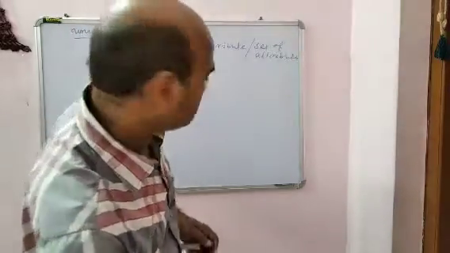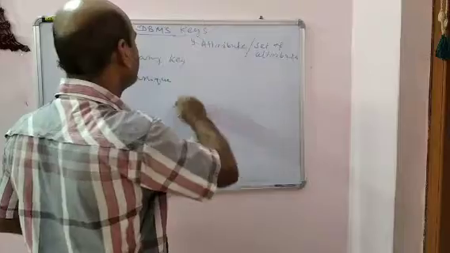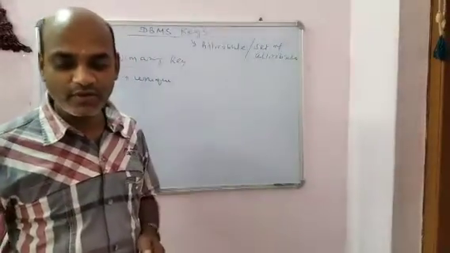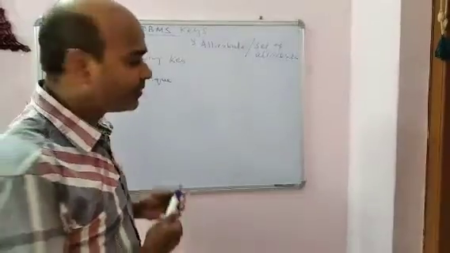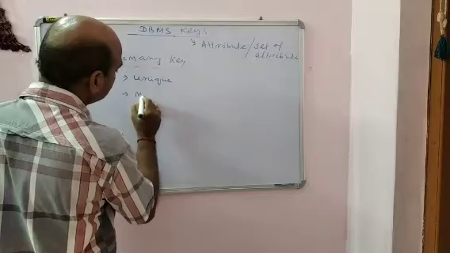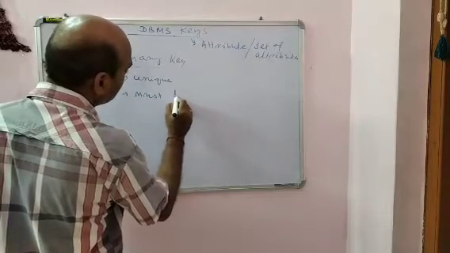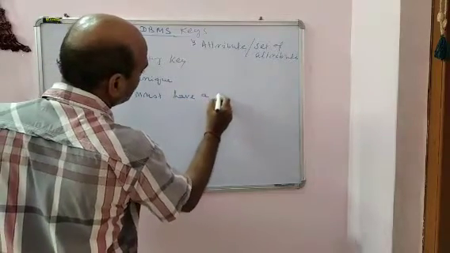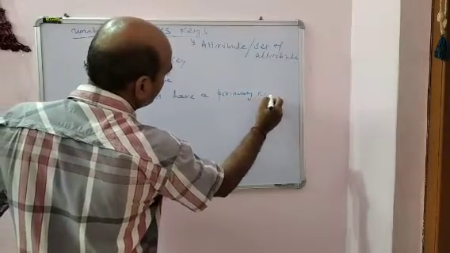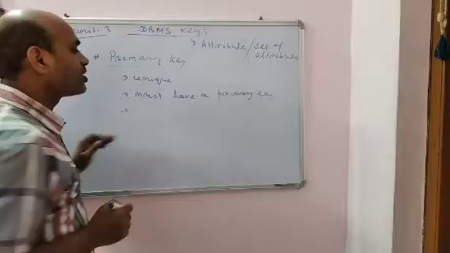It is unique. There will be no same value, and every row must have a primary key. Every row must have a primary key.